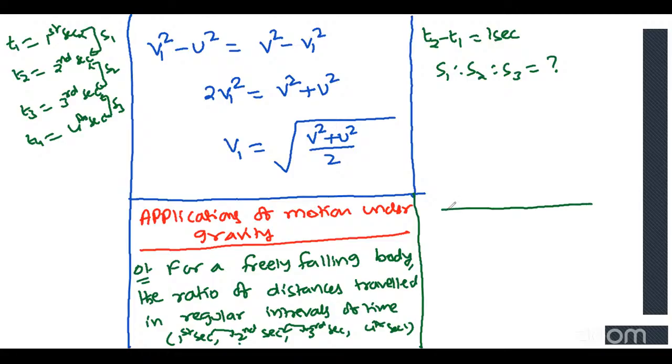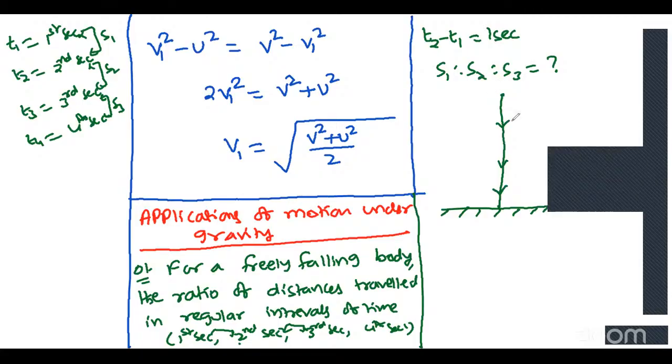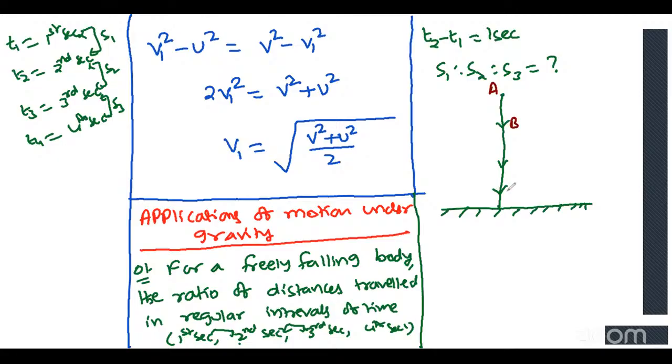Suppose this is the ground, and for a freely falling body the points are A, B, C, D, and E. A to B takes the first second, and B to C another first second.